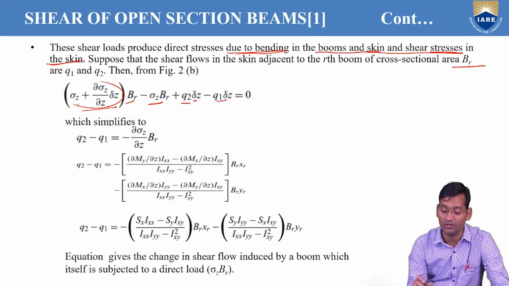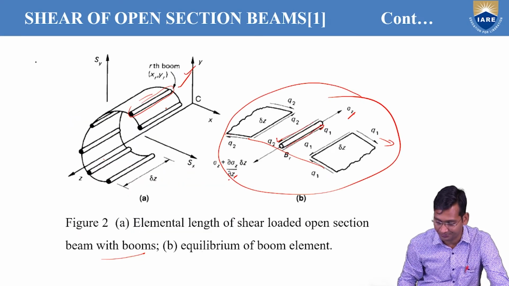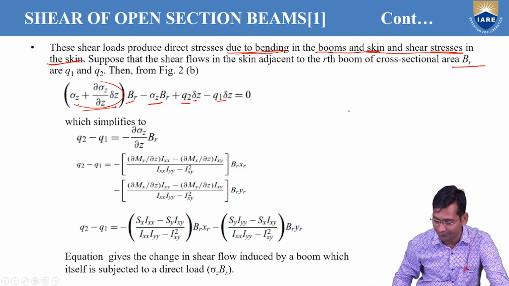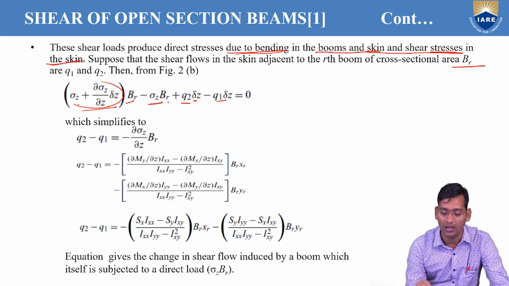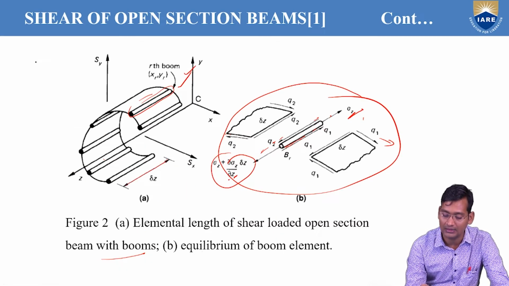The directions: Q2 into Br is acting in this direction, so Q2 into Br and sigma z into Br are positive, and Q1 and sigma z in the other direction will be negative. For Q2 it's delta z, and for Q1 also it's delta z, because we have taken the length as delta z.